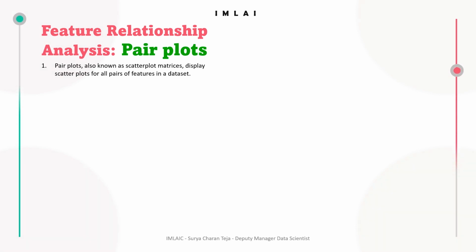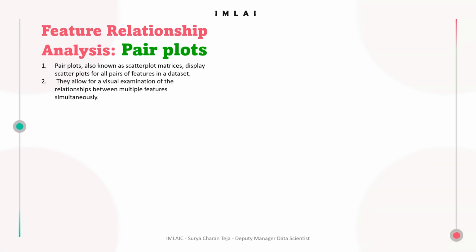Pair plots display scatter plots for all pairs of features in a dataset. They allow for a visual examination of the relationships between multiple features simultaneously. That's the power of pair plots. These are very, very useful.